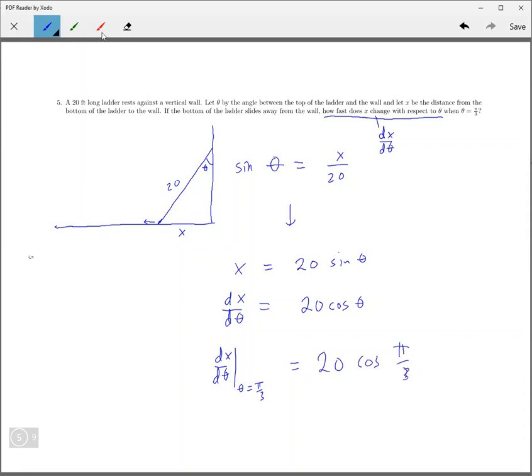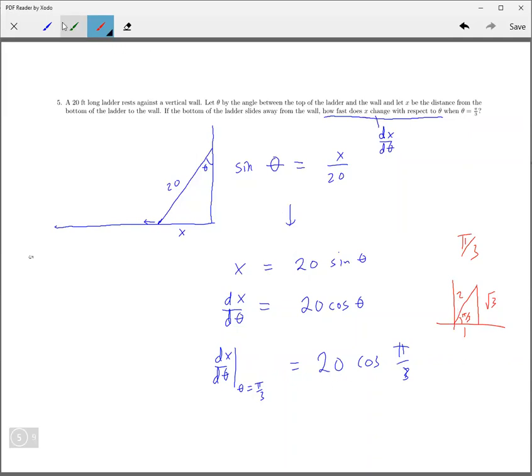Now if your angle is pi over 3, then this is 1, that's 2, that's root 3. So cosine of pi over 3 would be 1 over 2. That's adjacent over the hypotenuse.